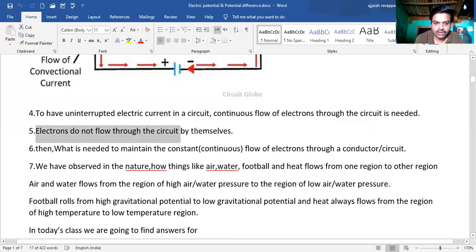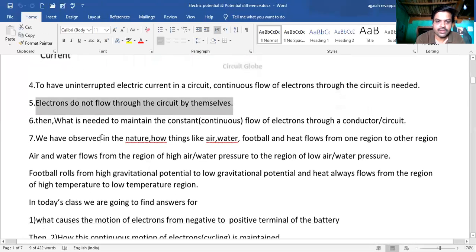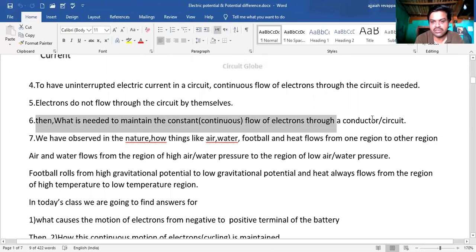Next, electrons do not flow through the circuit by themselves. Then what is needed to maintain the continuous flow of electrons through the circuit? Something is needed.